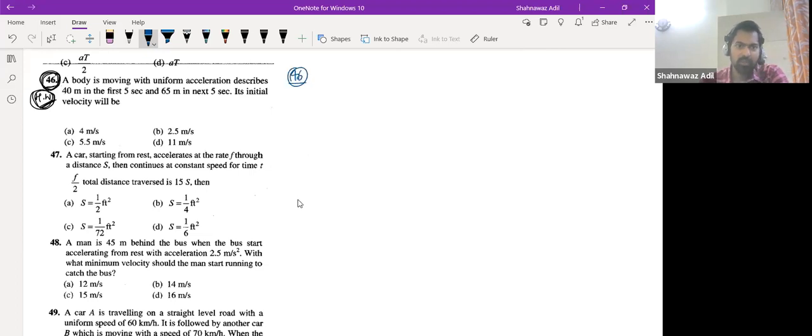45th one. So a body in these type of question, the important thing, as you have also learned in the laws of motion. So in the laws of motion chapter, what was the most important thing? In your CBSE class, you guys have learned this laws of motion.